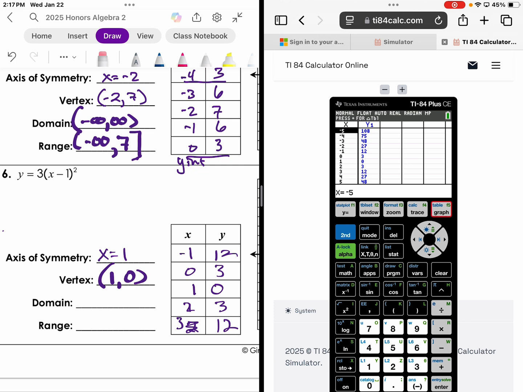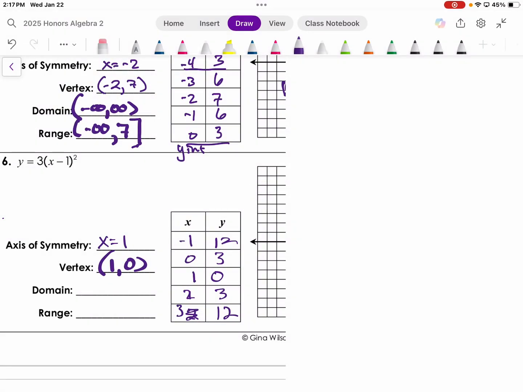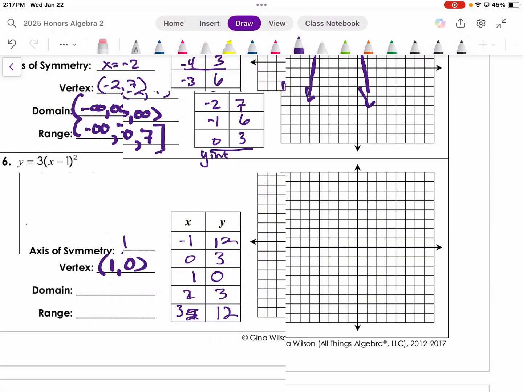And again, should it make sense that we're repeating certain y values? Yeah, because it's a U. As we go out horizontally left and right, we should be repeating y values. So it shouldn't be a surprise that I see the 12 listed twice and the 3 listed twice. So now as I go to graph that, this thing opens up.